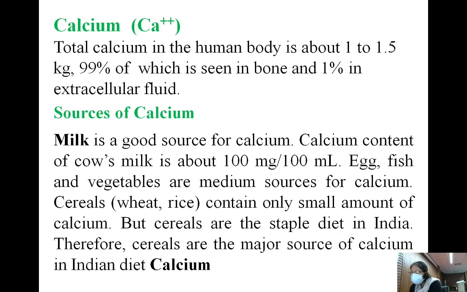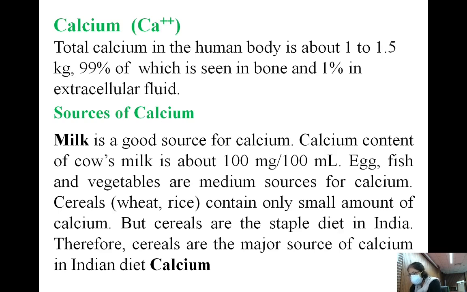That means out of this much TIBC, our body saturated iron is this much. If it is 100 microgram, then how much our body iron concentration is, that is the transferrin saturation.